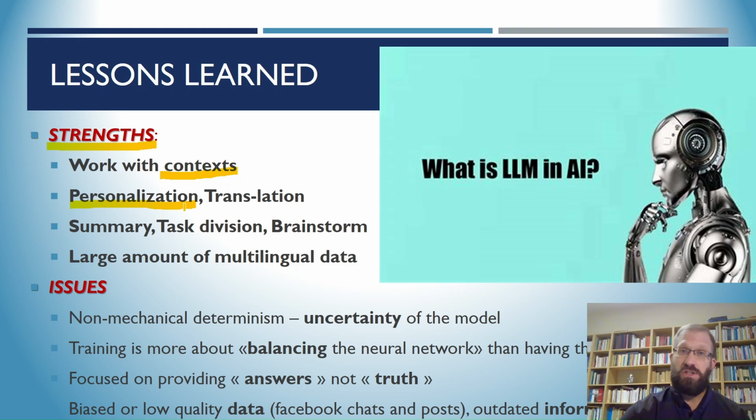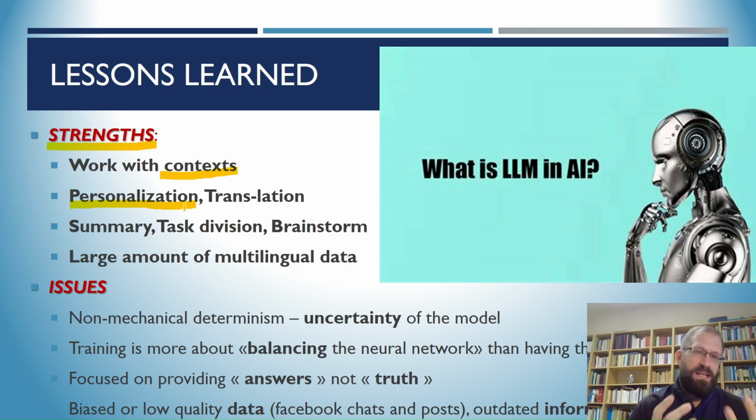So personalization could be a strength of these LLMs. Also translation. It's not only translation from a language to another language, which is very strong because it was trained as one model that is not only an English model.